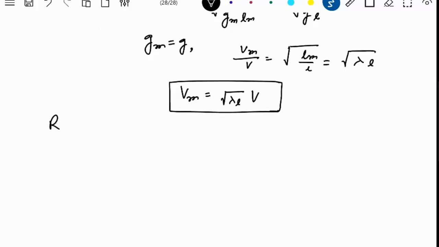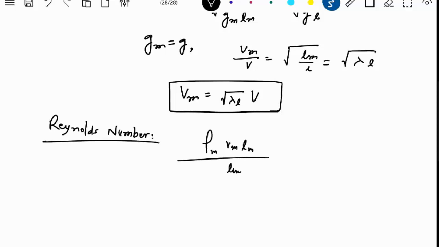Now if you consider Reynolds number similarity, you can write rho m Vm Lm divided by mu m equals rho V L by mu.